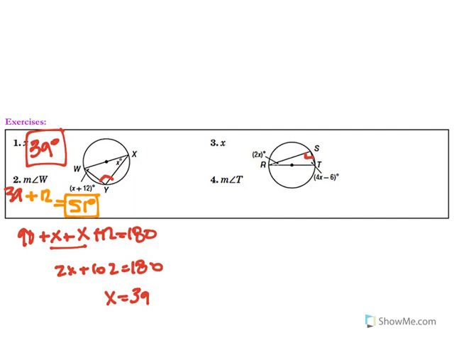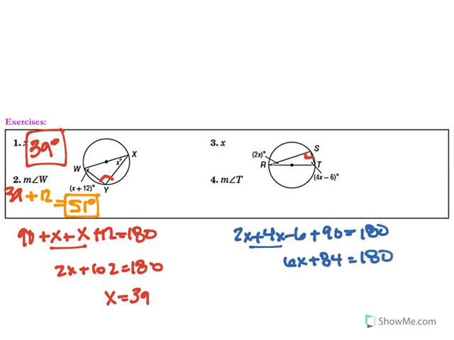Again, I've got my right triangle that's inscribed in a circle. The circle is circumscribed about the triangle. Again, I've got a right angle, so I'm going to add up all my angles and set them equal to 180. 2x plus 4x minus 6 plus 90 equals 180. 6x plus 84 equals 180. 6x equals 96.